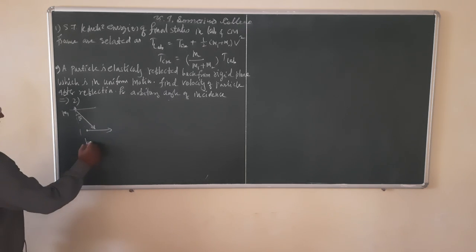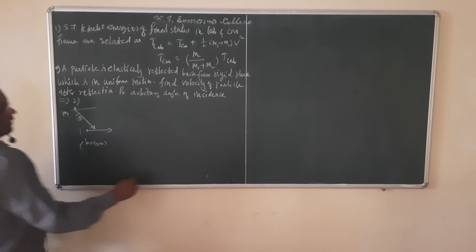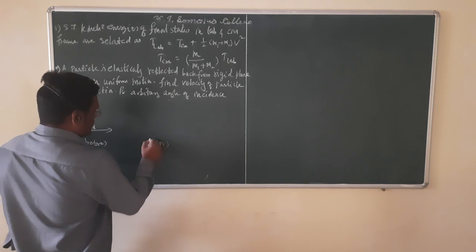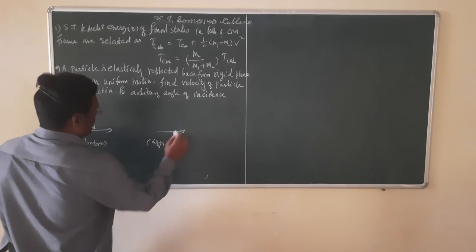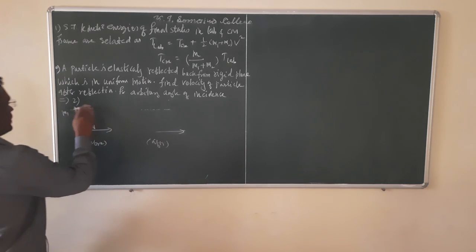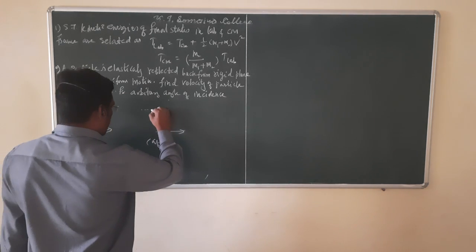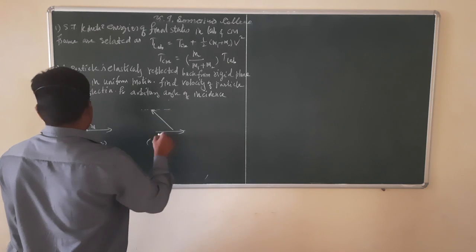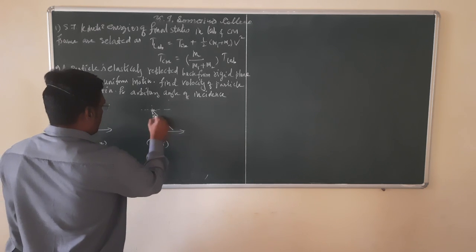So this is before scattering, and after scattering, since it is elastically scattered, the plane is moving like this, and the particle is again reflected backward elastically. So this angle is again theta.